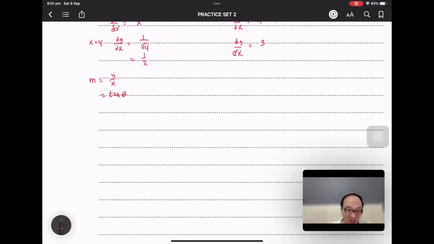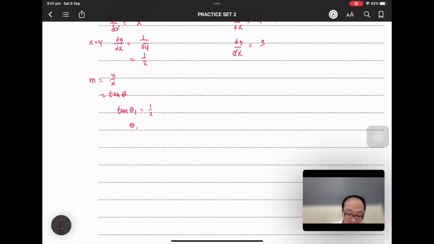So I can find the angle constructed by all of the gradients to the x-axis. So for the first one, the gradient is half. So tangent theta 1 equals to half.